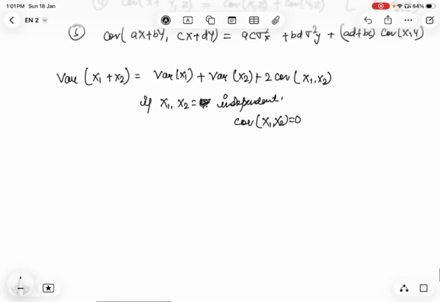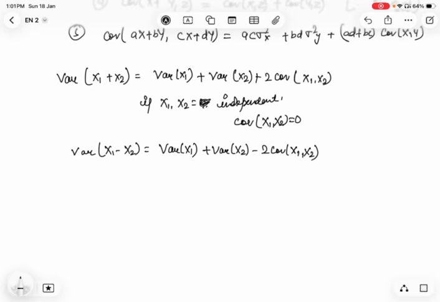Same for this, variance of x1 minus x2 is equal to variance of x1 plus variance of x2 minus 2 covariance of x1 x2. Same here, if x1 and x2 are independent, it will equal 0 and you will get only variance of x1 plus variance of x2.